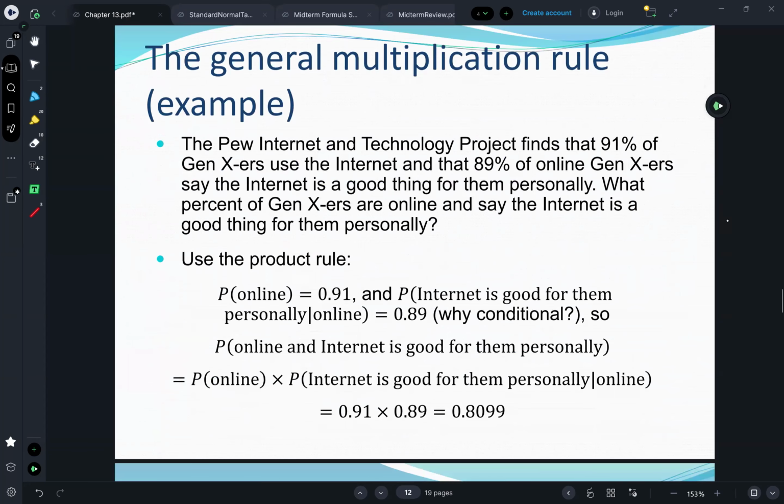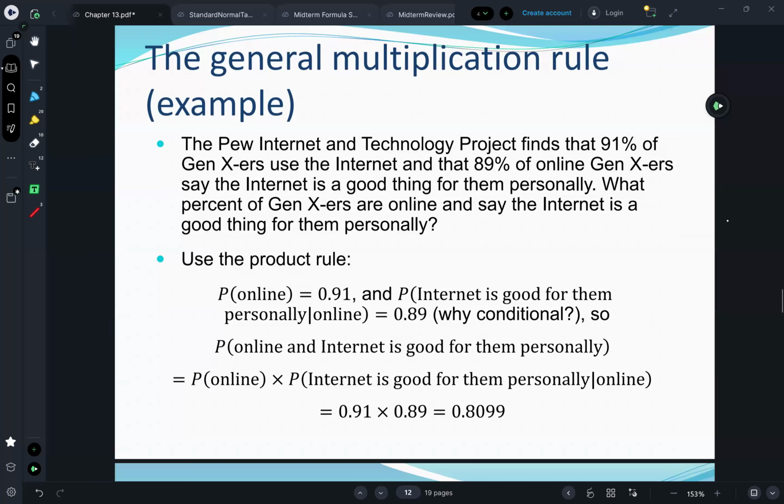So here's an example already done for us. Let's say the Pew Internet and Technology Project finds that 91% of Gen Xers use the internet and 89% of online Gen Xers say the internet is a good thing for them personally. What percent of Gen Xers are online and say the internet is a good thing for them personally? The probability of online has been given at 0.91, or 91%. And the probability that the internet is good for them personally, given they're an online user, is 0.89.